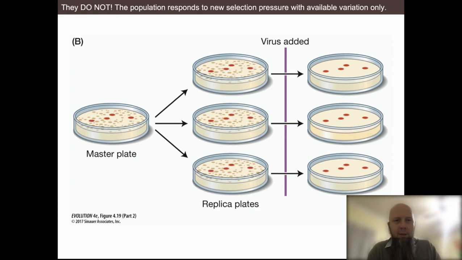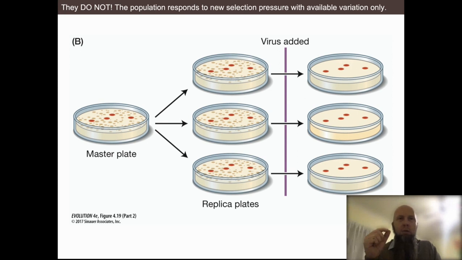What we would see is, if there were 4 colonies on the master plate that before we even made the replica plates already possessed mutations that made them resistant to that virus, those 4 colonies would be in the same place on each replica plate. You add the virus to all of the replica plates, and you're going to get 4 colonies in all 3 of those plates surviving. And it's the same 4 colonies, okay? Because that mutation already existed.